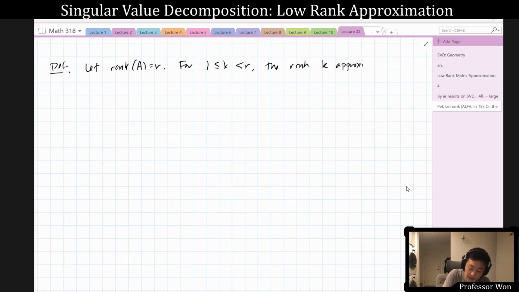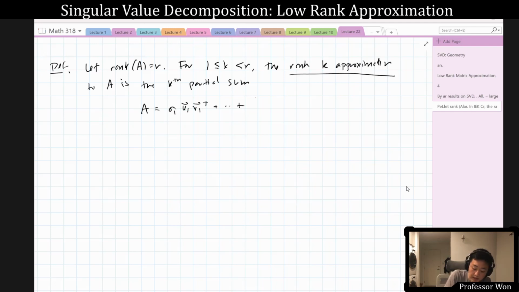The rank K approximation to A is the kth partial sum: sigma 1 u1 v1 transpose plus ... plus sigma k uk vk transpose, that is, the sum of sigma i ui vi transpose. So you take the k largest singular values and the corresponding left and right singular vectors, and you build this matrix. This thing is a rank k matrix. Let's call it A_K, and the rank of A_K is just k.